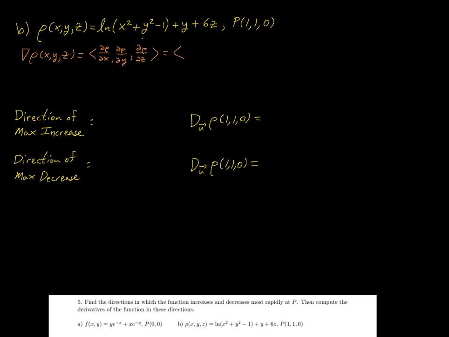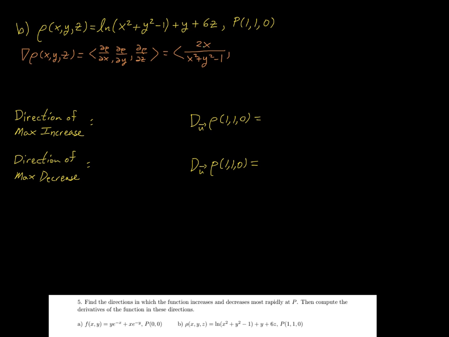So for the x derivative, I have an x in my log, so I'm going to do 1 over this thing, x squared plus y squared minus 1, times the derivative of what's inside with respect to x. So that'd give me a 2x there on top. Then the rest of it would just be 0 because I don't have any x's in those other terms.